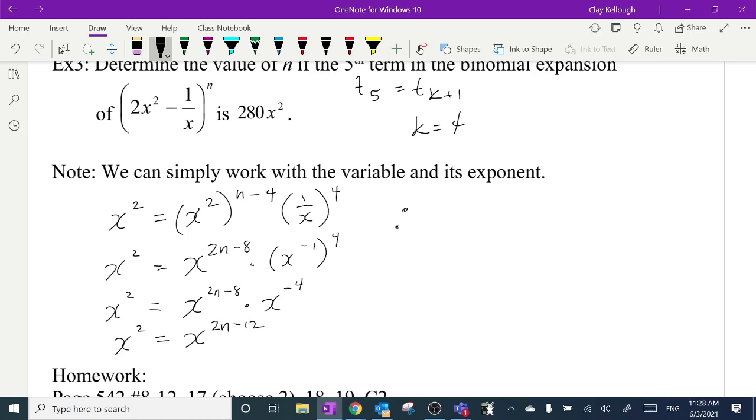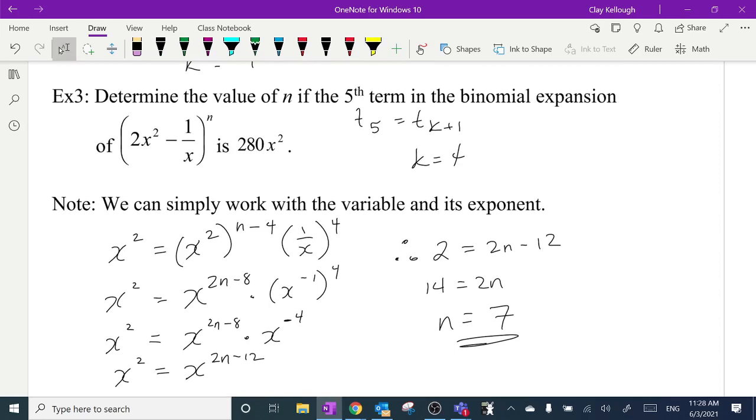Now I can say, therefore, since the base is the same on each side, the exponents have to be the same. 2 is equal to 2n minus 12. Add 12 to both sides. Divide both sides of the equation by 2. And once again, that's the exponent. So I know that this is the 5th term if n is 7.